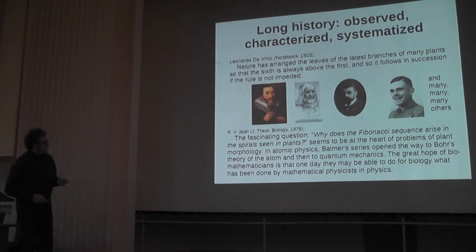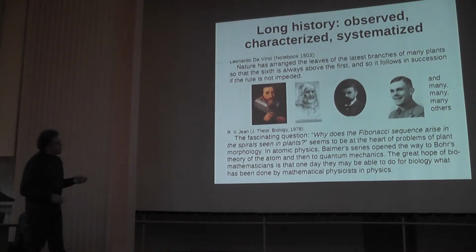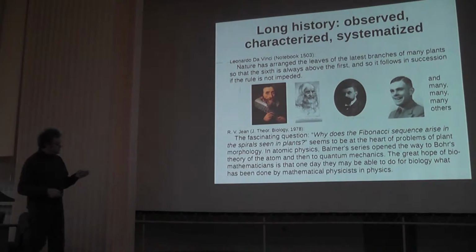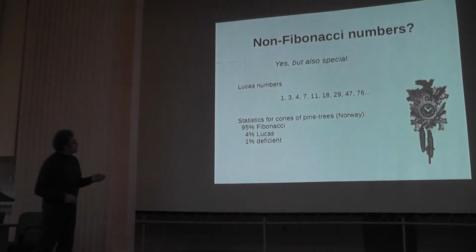I mean, it may or may not go too far, but it's a good quote. So the great hope of biomathematicians is that one day we'll know, right? Okay, so the day has come.